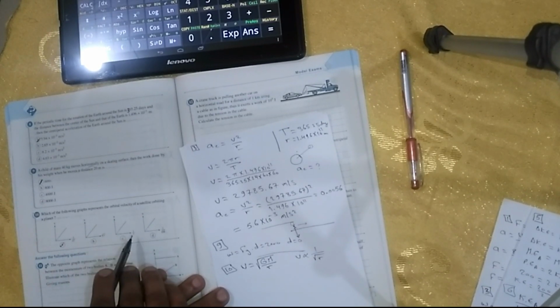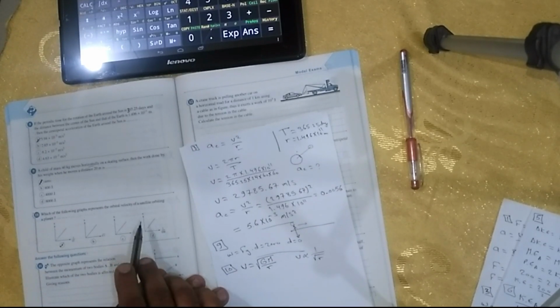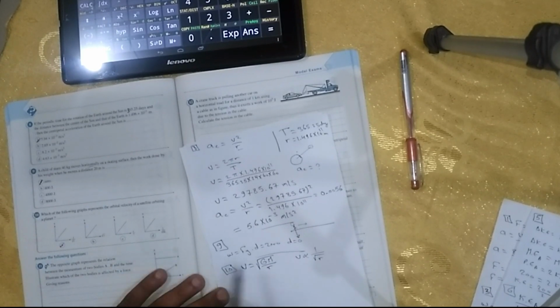Also the third choice, V is inversely proportional to square root of R, not R. V is inversely proportional to the square root of the mass of the planet, not directly. So we will choose the first choice, A.